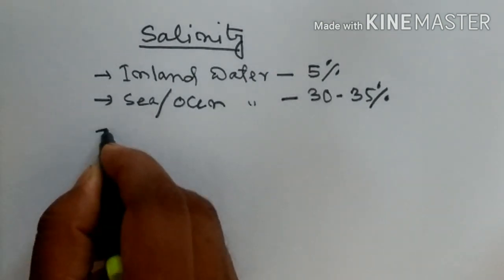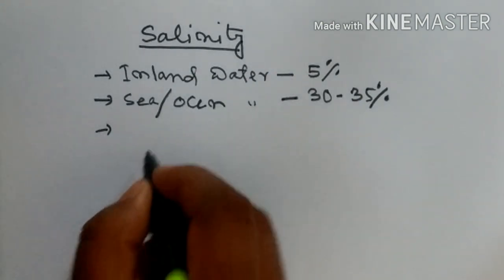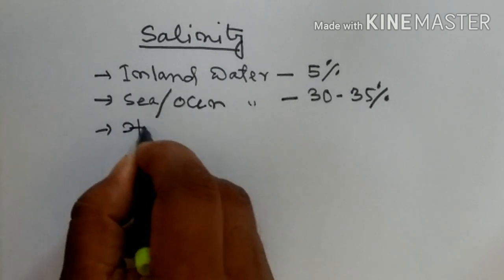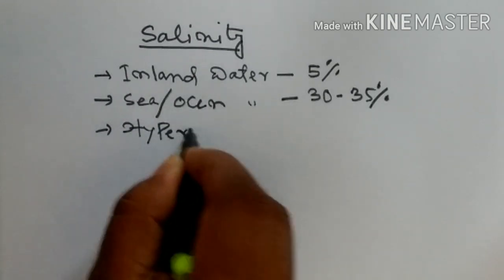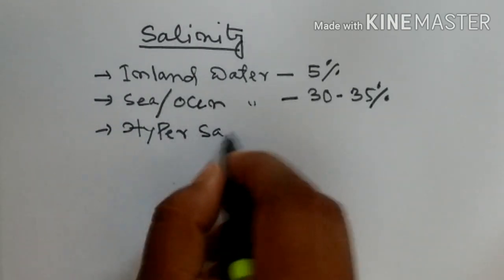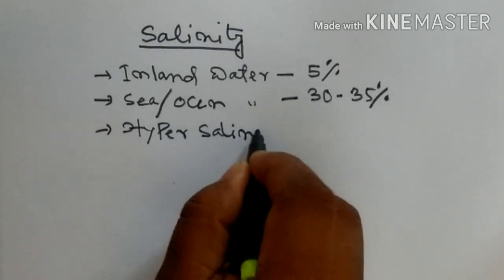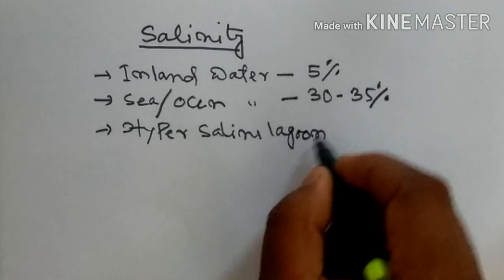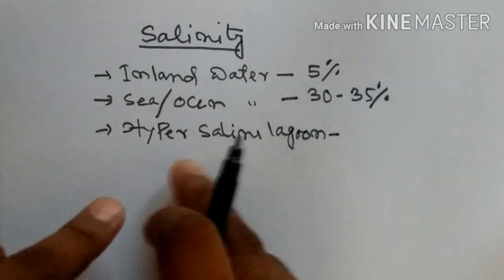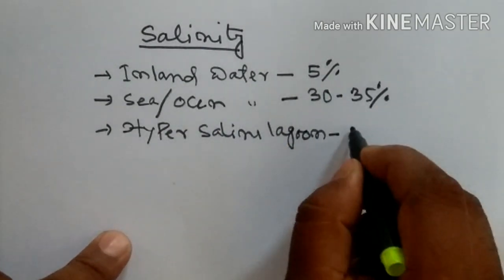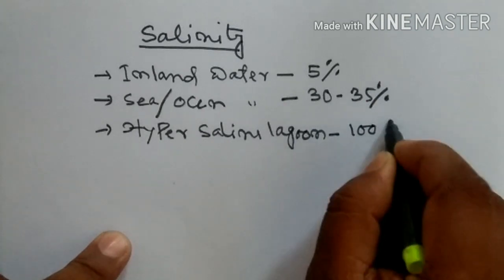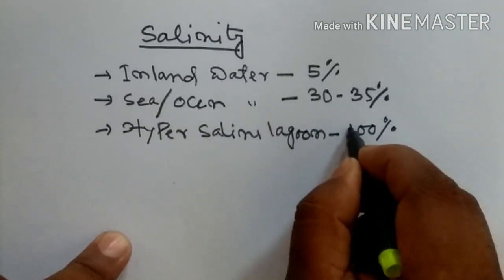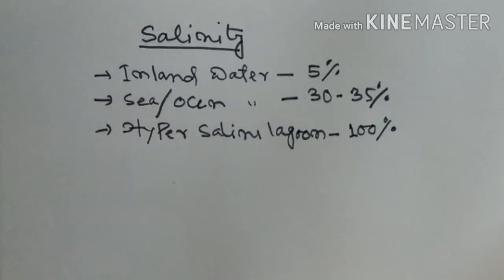Then another one is hypersaline lagoon, saline lagoon. Here in this type of water, salinity of water is 100%.